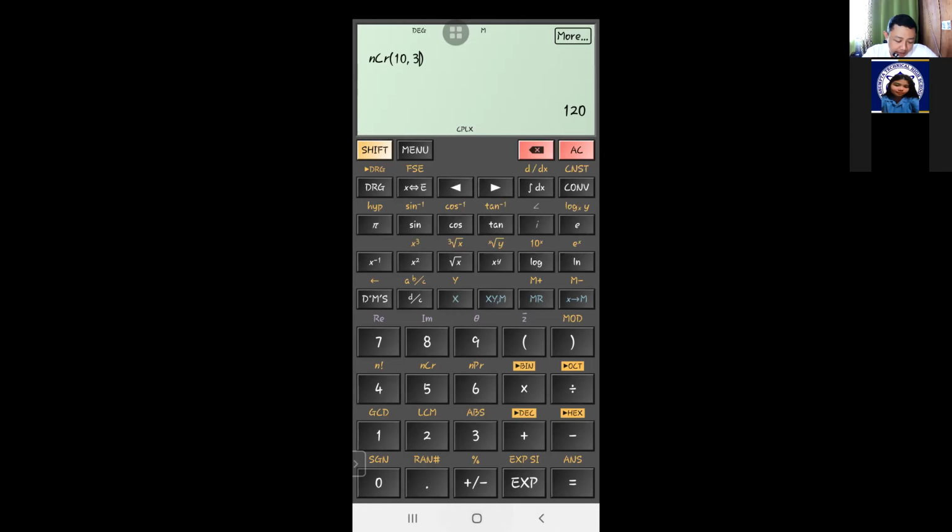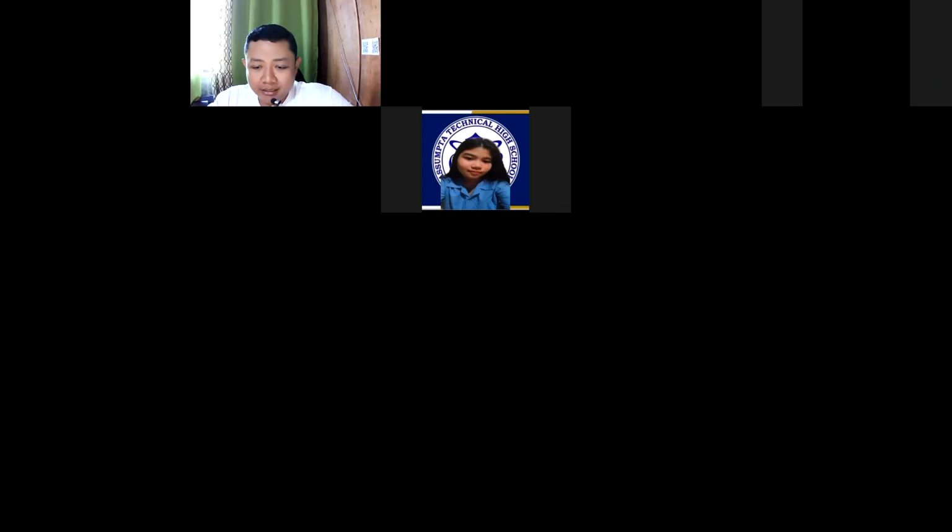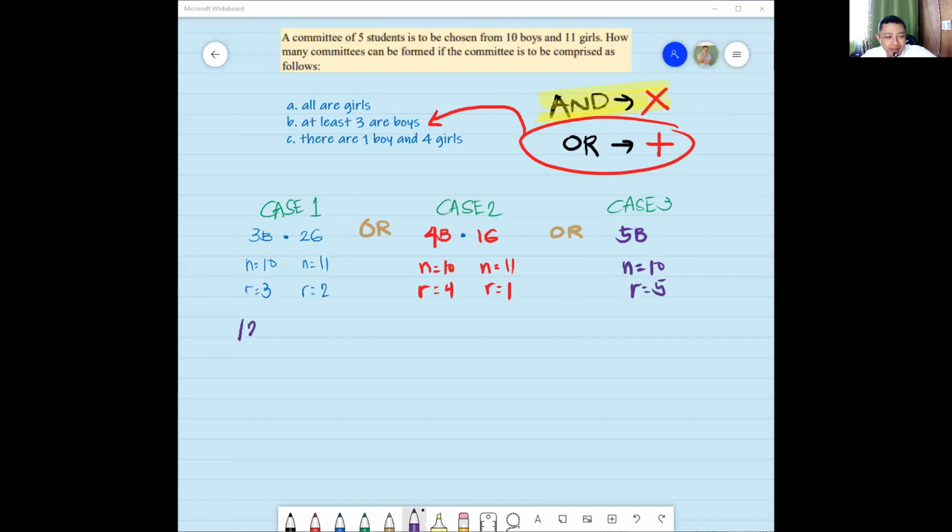Okay, so with that, I will now stop sharing this and we will go back to our computation. Here we go again. A while ago, by using the calculator, we were able to solve this. This is 120, right? So I want you to solve for 2 girls, 4 boys, 1 girl, and 5 boys.